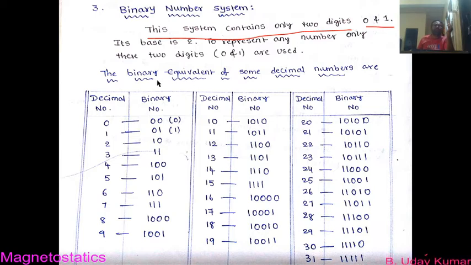Anyway, how the binary equivalents of some decimal numbers are written, you can understand with the help of this table, which gives the equivalent decimal numbers in terms of binary numbers.